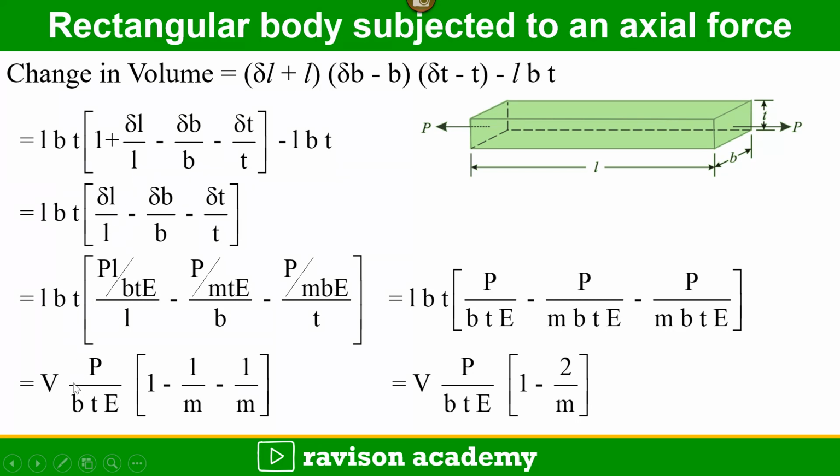On solving this, we will be getting V into P by BTE into 1 minus 1 by m minus 1 by m, that is equal to V into P by BTE into 1 minus 2 by m.